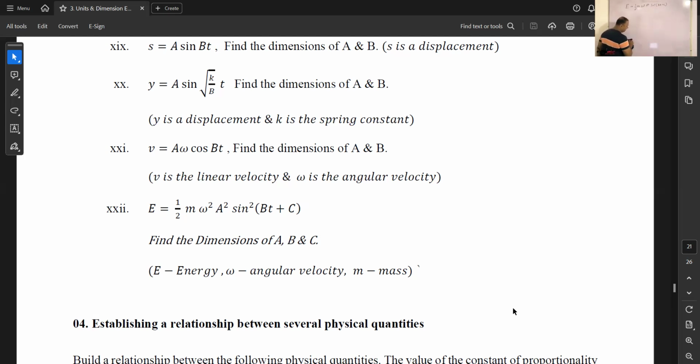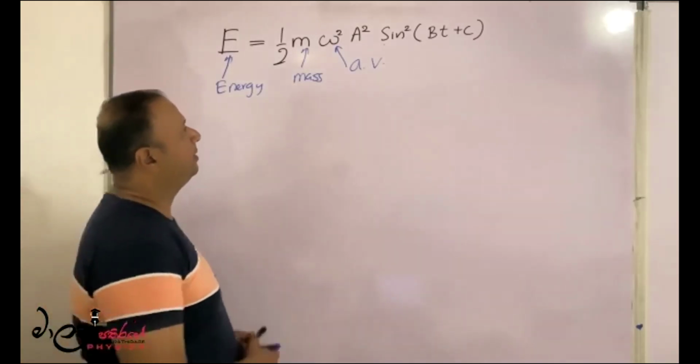E is the energy, m is mass, omega is angular velocity, and T is time.